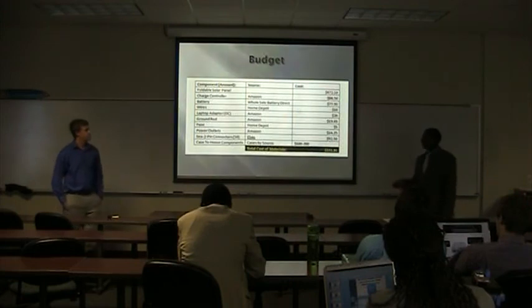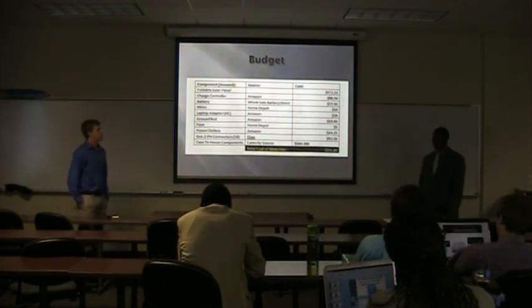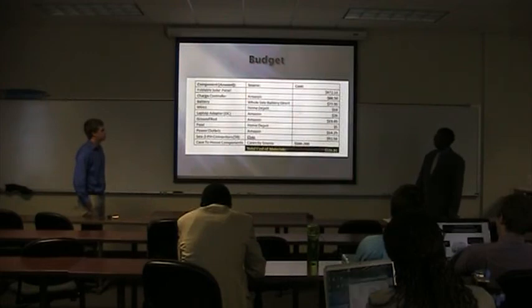Then here's the budget of the materials we're going to use. The solar panel, the screw in here, we cannot afford it, so it's not included. That's why I included it here in red. And here are the materials: charge controller, battery, wires, the ground rod, fuse, outlet.